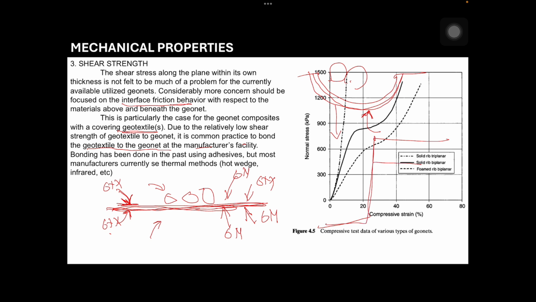You can line it with geonet, and then another geonet here. When your friction is high here, you can line them with geotextile. You go GTX, compared to GM, because with GM you are containing harmful chemicals. But here it is just water, so you can use geotextile instead, because the excess water that you haven't totally drained can seep through.